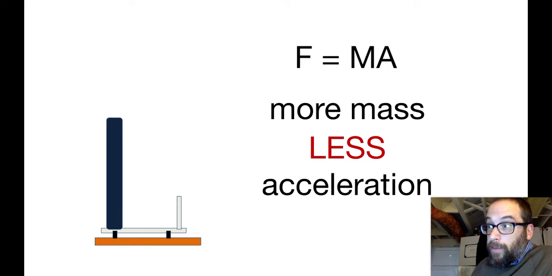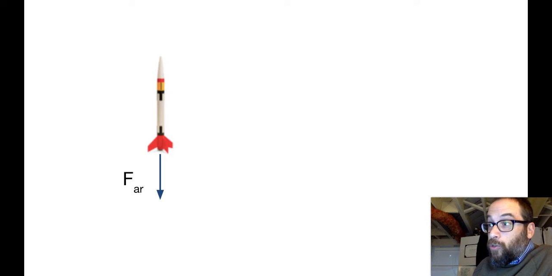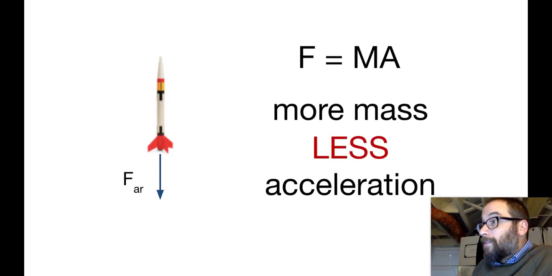However, that is not the only time when your rocket is accelerating. Okay, as it's flying, it's feeling air resistance pushing against it. That air resistance is accelerating the rocket as well. That's another unbalanced force that's causing the rocket to accelerate. But in this case, the rocket is slowing down. So the second law still applies.